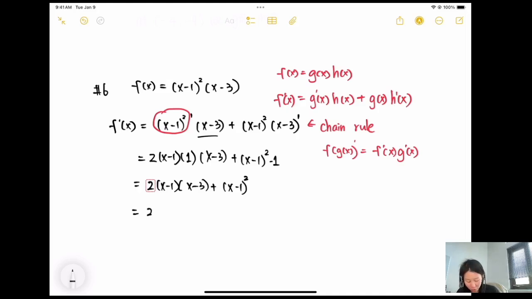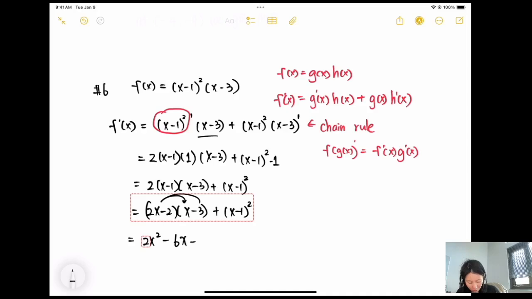So I have (2x minus 2) times (x minus 3) plus (x minus 1) squared. FOIL: I have 2x squared minus 6x minus 2x plus 6, plus, this is the perfect square formula.